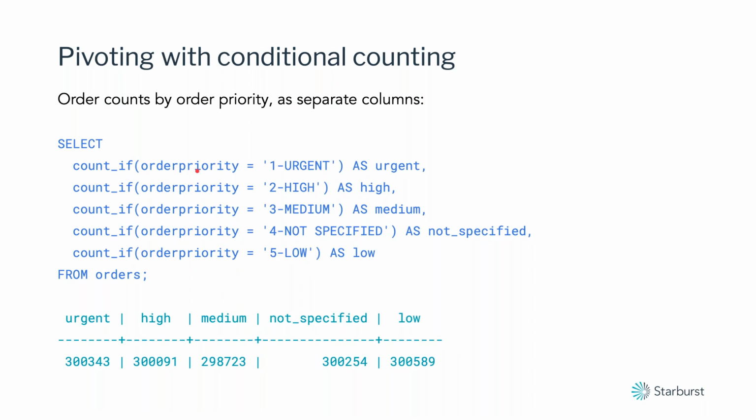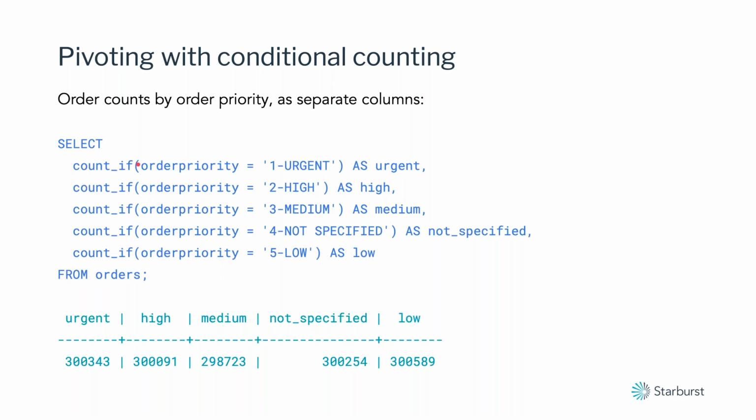We'll get 1 row for every order priority, and then we'll get, say, 2 columns, 1 for the order priority, 1 for the count. But instead, if we want to have 1 column for each order priority with the counts associated with that order priority, we can do what's called a pivot, where we turn it from rows into columns. And countif is an easy way to do that pivot.